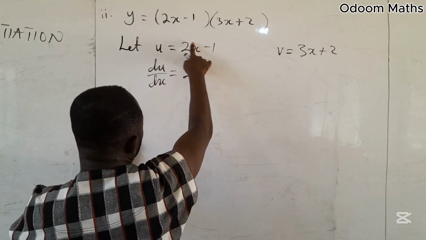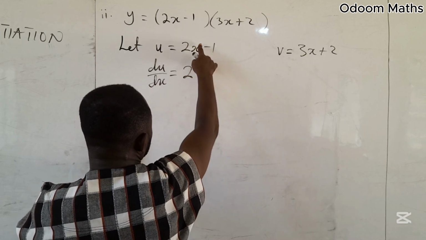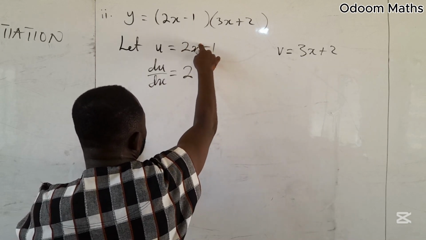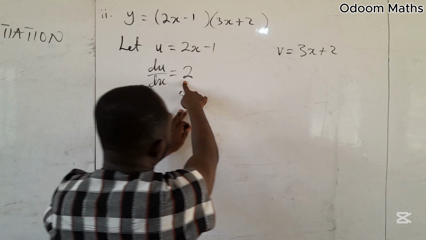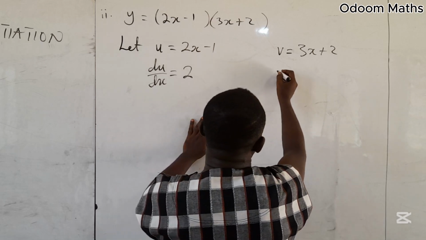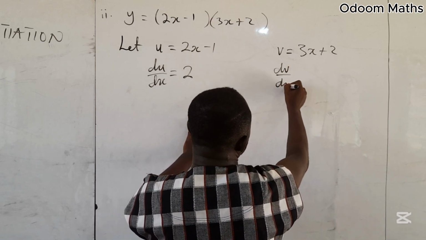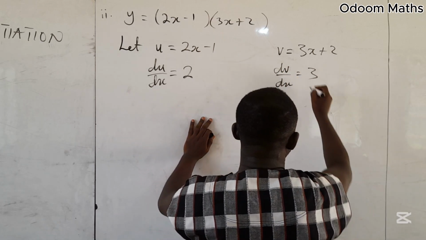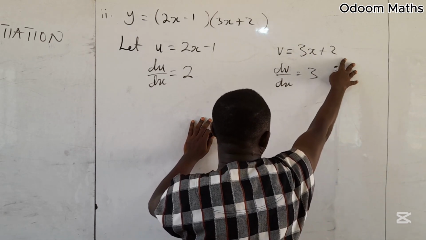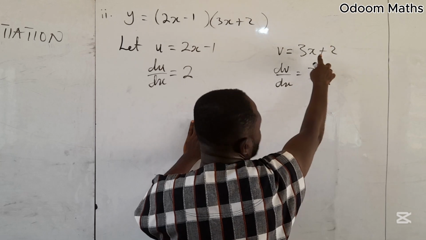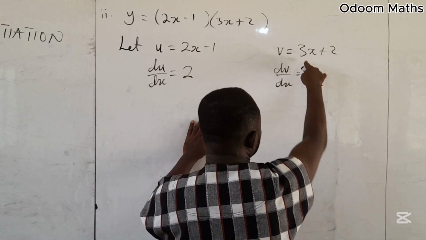That is, when you differentiate this one, this will go away, and this 1 times 2 is 2. Then 1 minus 1 is 0, so x to the power 0 will go away. So we have 2. Then dv dx will also be 3, because when you differentiate this one, this will go away, constant to be 0, and then this one too, the x with the power 0 will be 1, and 1 times 3 is 3.